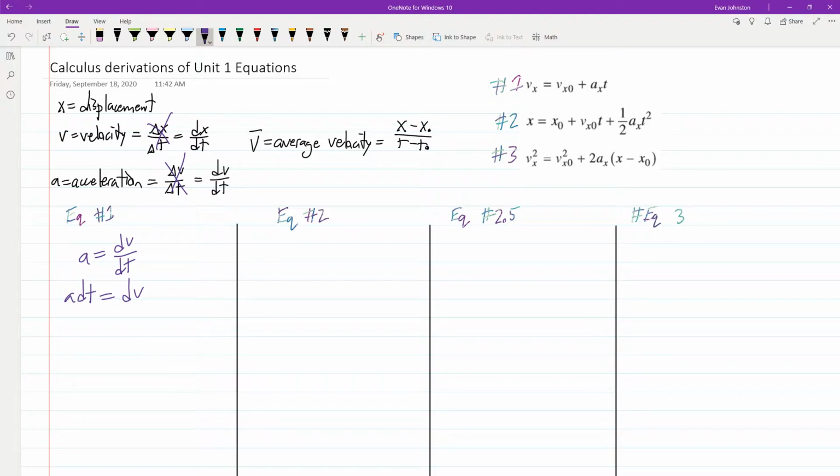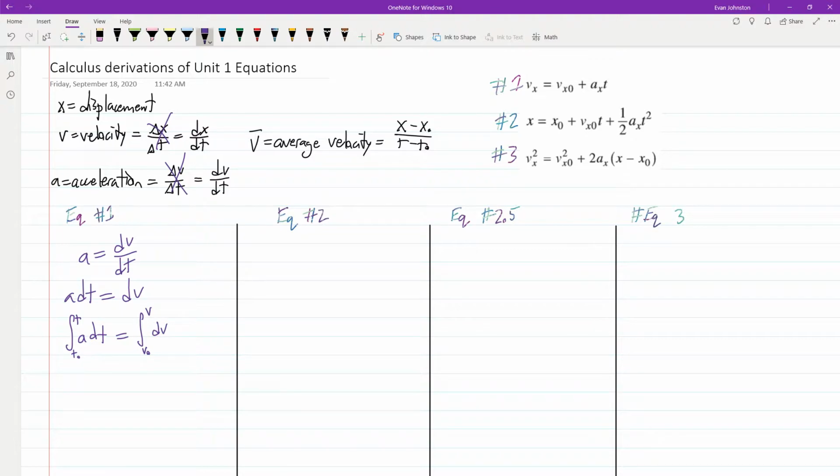So I'm going to integrate the left side. Ooh, that was a gnarly integral sign. It's been a while. Maybe we get a couple practice runs on here. We're going to go from some time naught to some final time, and now we have a dt. And then on the right side, we're integrating the velocity from some initial velocity v naught to some final velocity v, and we just have our dv.